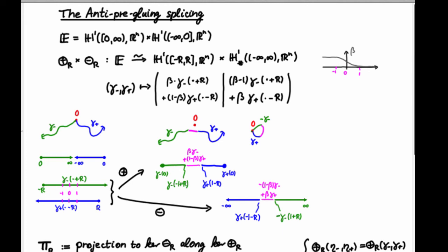The way I'm being very unimaginative, there's beta and 1 minus beta, so I'm just going to switch the two. I should cut off gamma minus for very positive values, do the opposite with it, and keep track of the very positive values of gamma minus, and the same thing with gamma plus, keeping track of the very negative values of gamma plus. There's a beta minus 1 instead of a 1 minus beta there, just because I want a matrix to be invertible at some point.